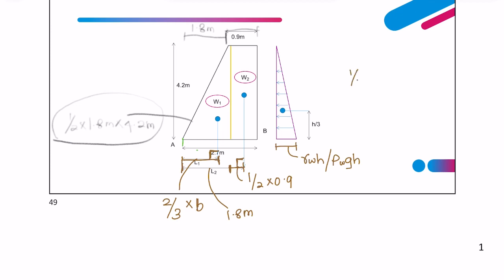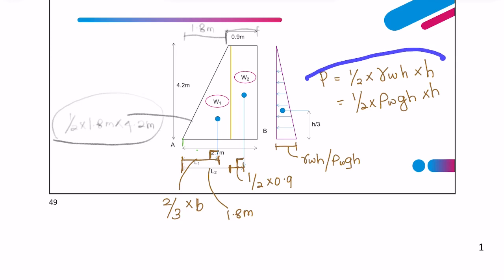We know that it is half times unit weight of water times H times another H for the area, or half times the density of water times gravity acceleration times H and another H. So you can use either, but I prefer this one because there is no need to multiply with gravity acceleration.